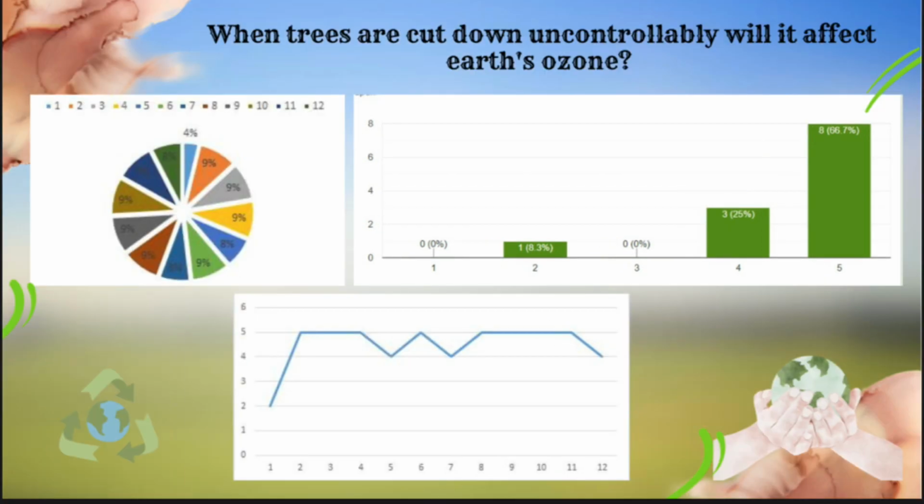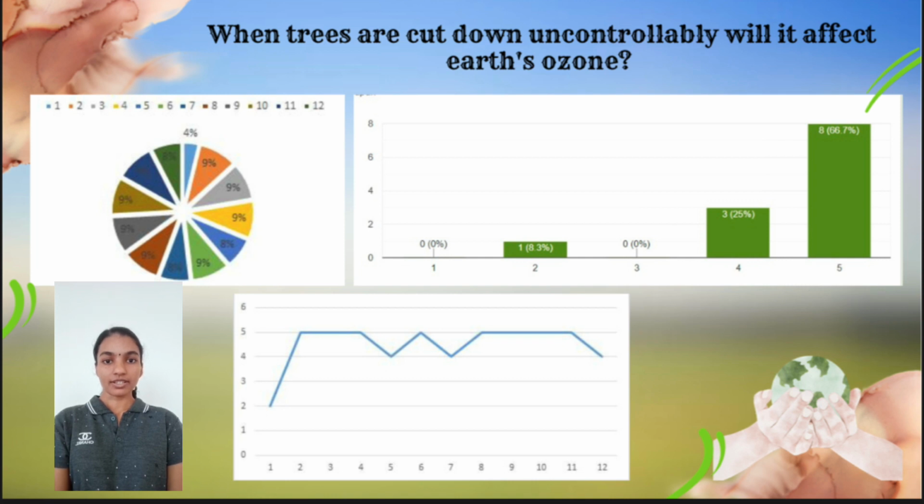Thank you. In this chart, you can see that the majority of the responders, represented by the tall bar, rated the impact of cutting down trees uncontrollably as 5 out of 5 on the scale, which means they totally agree. This indicates a high level of concern regarding the effect on the Earth's ozone layer. The bar chart also shows that a few responders rated it 4 out of 5, which means they just agreed with the statement, indicating a moderate level of concern.